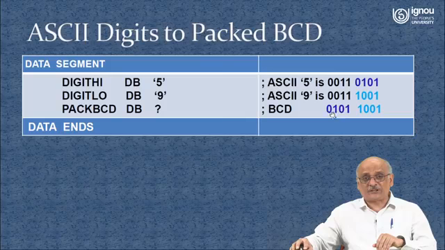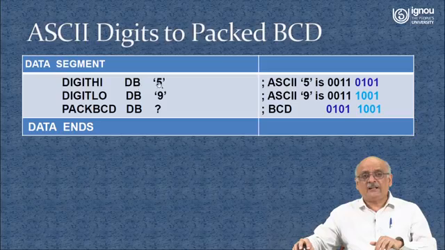So instead of the question mark, I want this particular value, because my input is 59 and the input has been stored, in this particular case, by some other program we are assuming, into memory locations with 5 as ASCII and 9 as ASCII. And this is our BCD number which we want as the output of this conversion. Now, how the conversion is going to take place is very, very important.